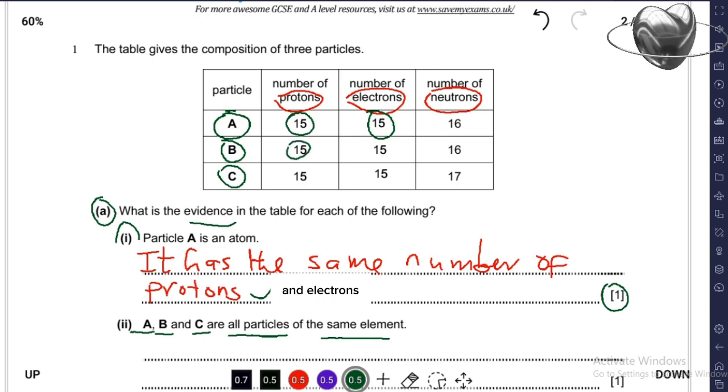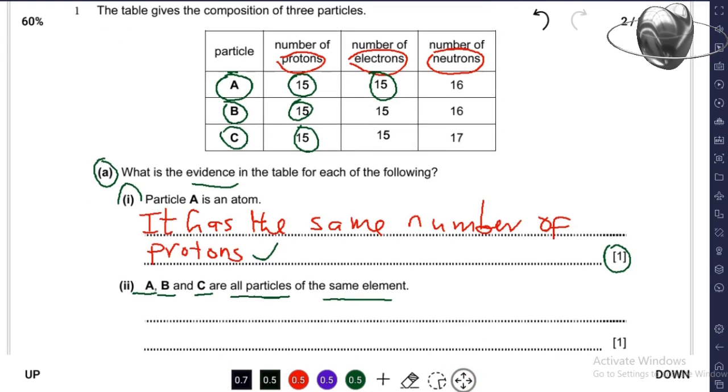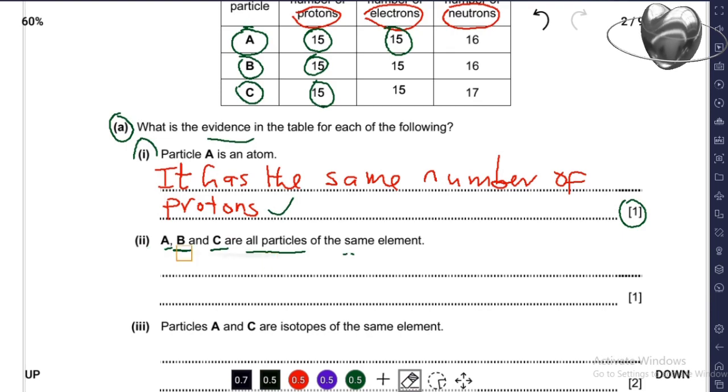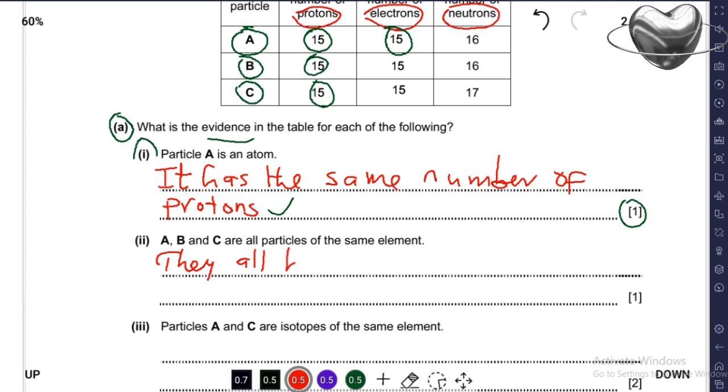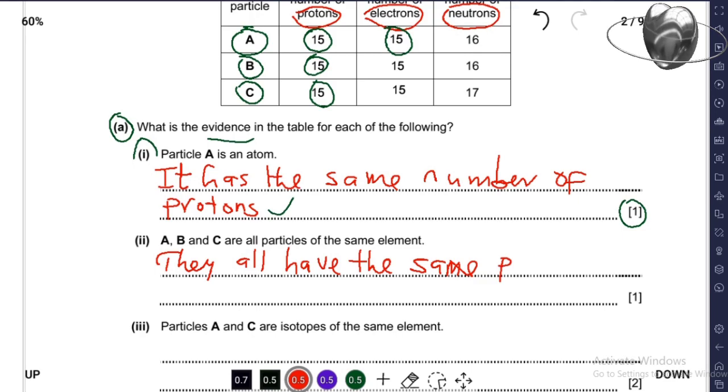So since we have 15, 15, all of them are having 15, then we are going to conclude that the particle is of the same element. Without even wasting time, we are going to say the evidence is that they all have the same proton number.